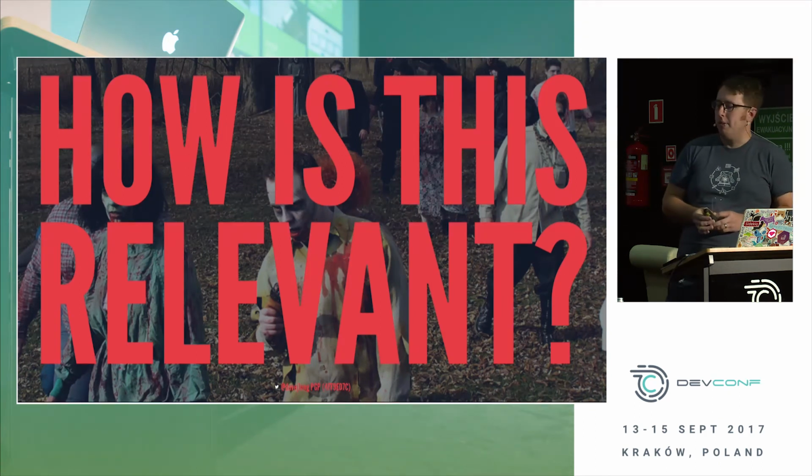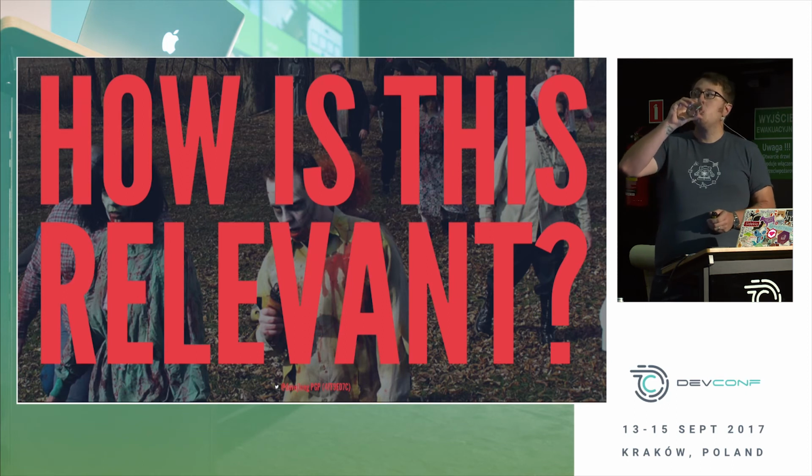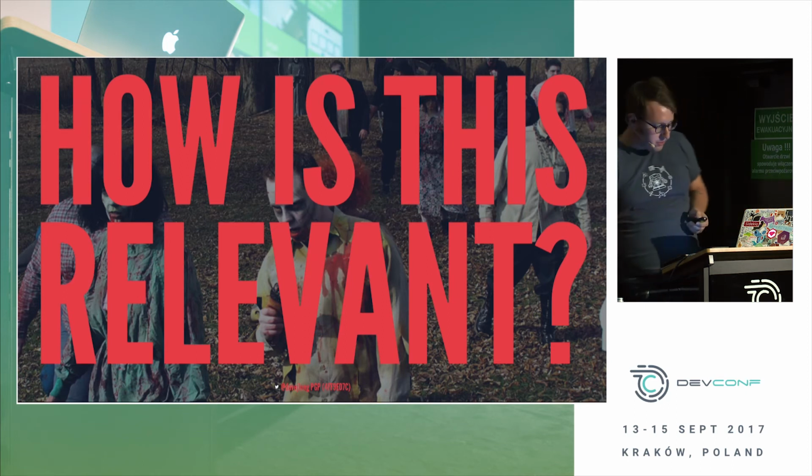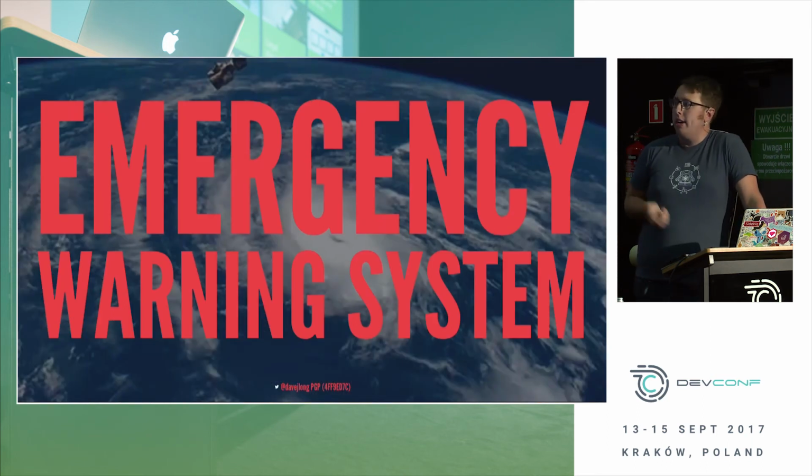So how is this relevant? Why would we ever need to build an application that can alert about zombies? So this was a little bit difficult to figure out, but then before I left here, Hurricane Irma hit Florida. And one thing that is true all around the world is that when massive storms hit, when emergencies happen, the first thing that'll fail for technology is data connection.